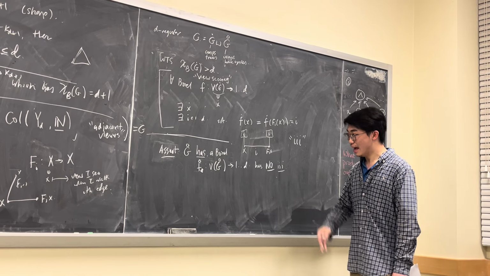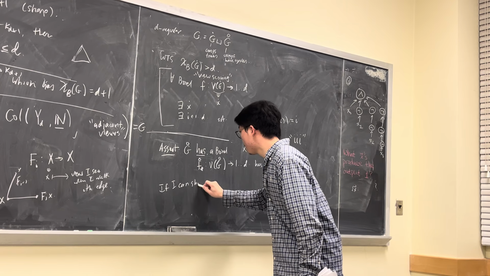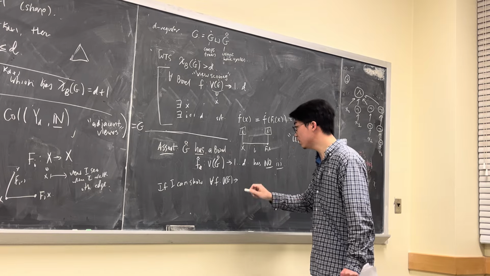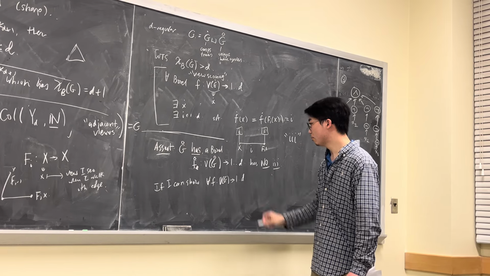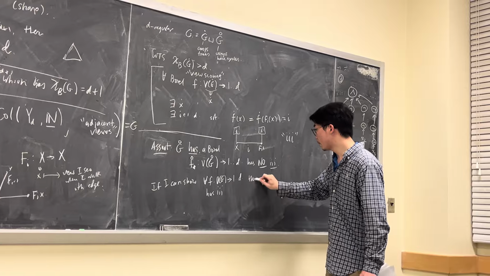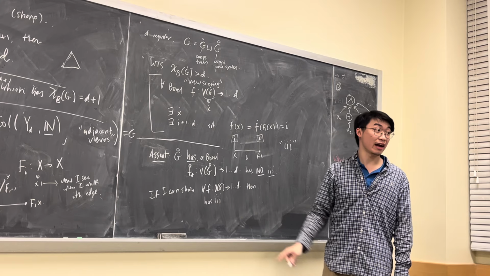And therefore, if I can show that for all f from Vg, not the dots, but Vg, has i, then I will be able to show that every f dot has i as well.